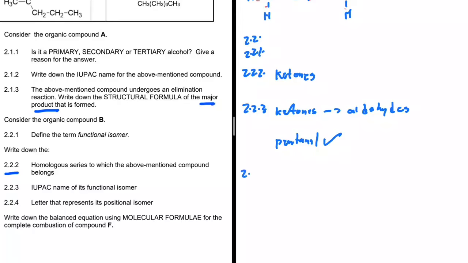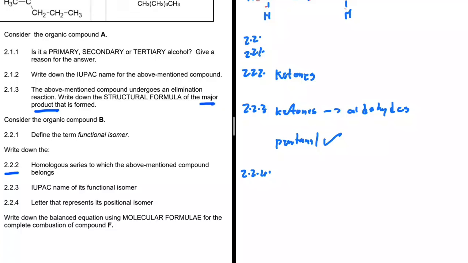2.2.4. Letter that represents its positional isomer. We are dealing with pentan-3-one, so the positional isomer is pentan-2-one. It has only one positional isomer.